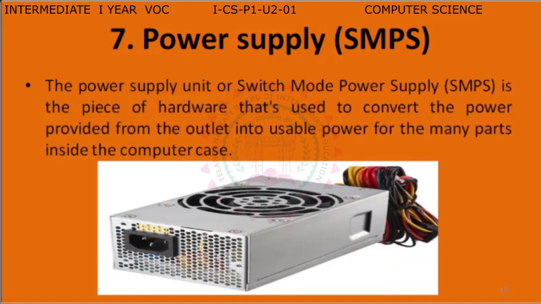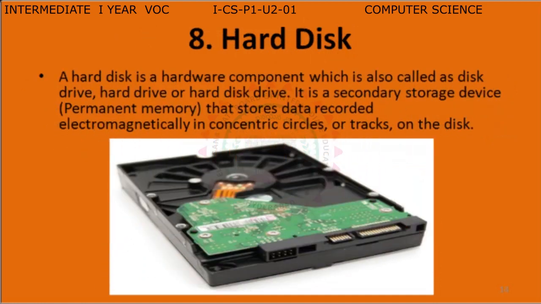Power supply. The power supply unit or switch mode power supply is the piece of hardware that's used to convert the power provided from the outlet into usable power for the many parts inside the computer case. Hard disk.